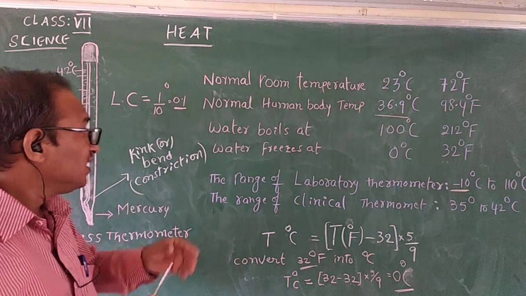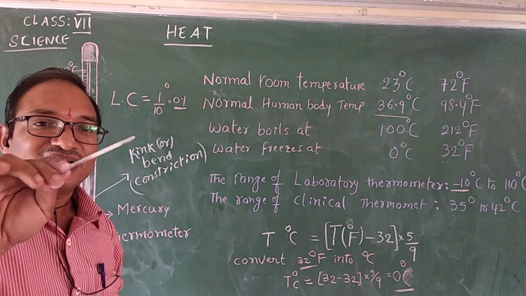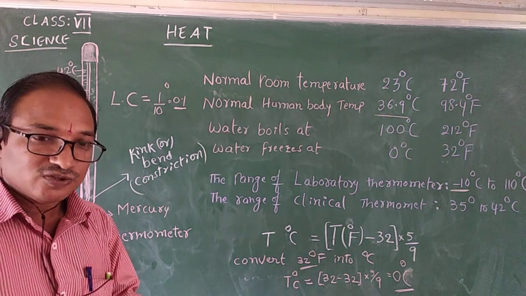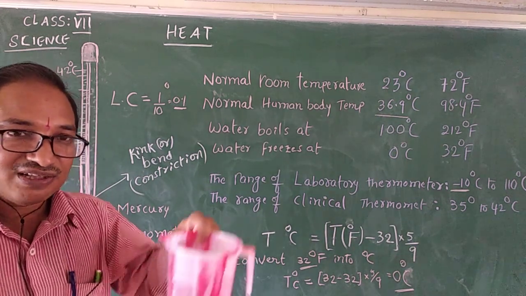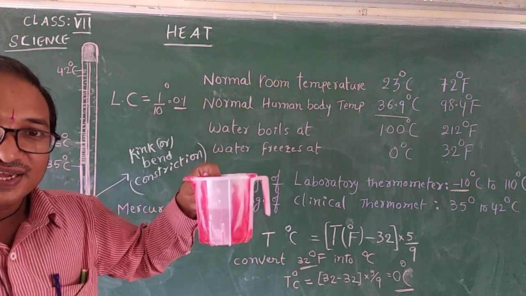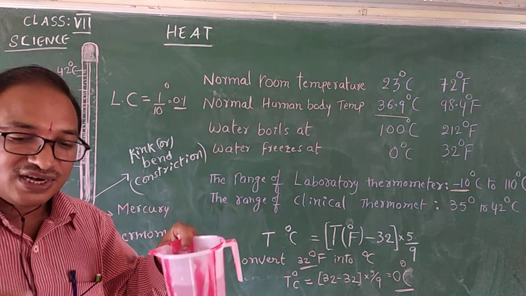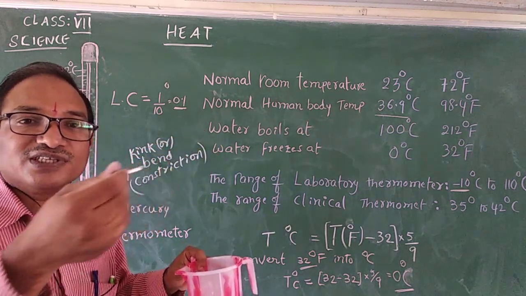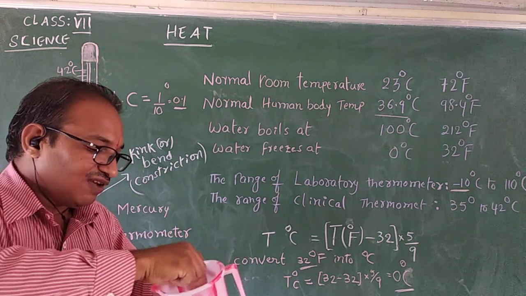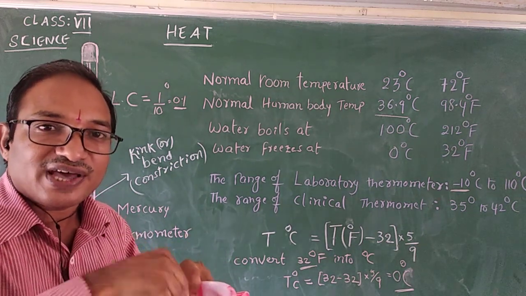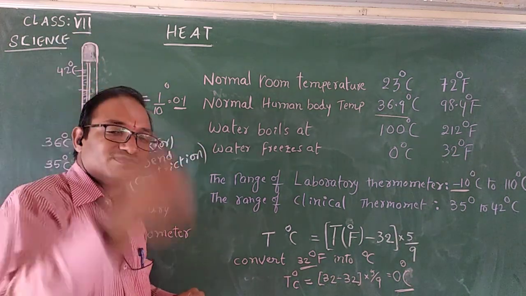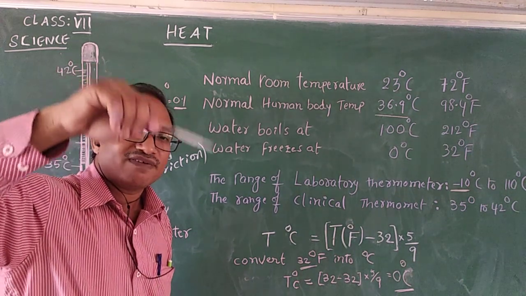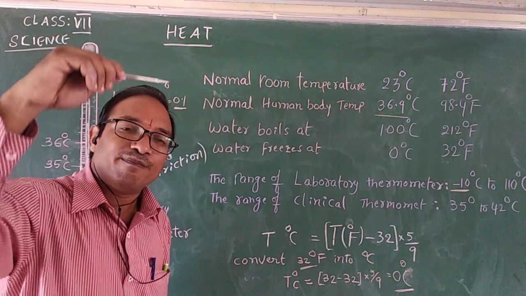You might have observed some precautions they take whenever they measure the temperature of a person. They take one mug or beaker and put Dettol solution in it. After checking every person's body temperature, they wash the thermometer in the Dettol or antiseptic solution, and then give some jerks. While giving jerks, we need to hold it properly, otherwise if it falls down, it breaks.